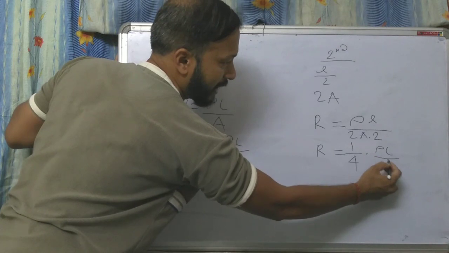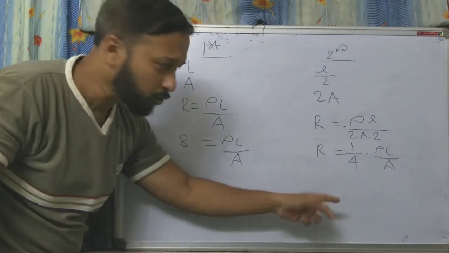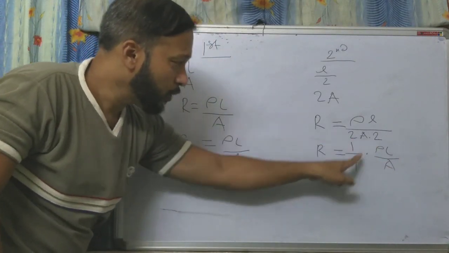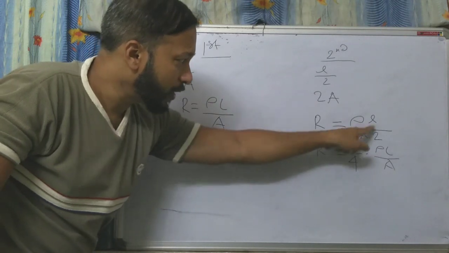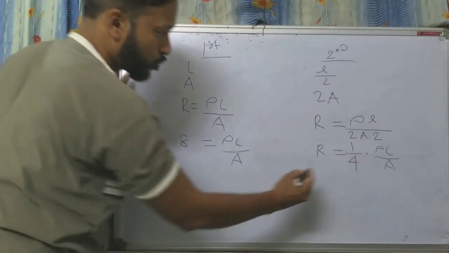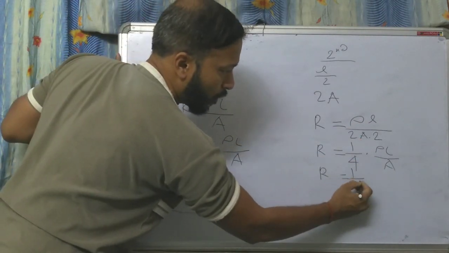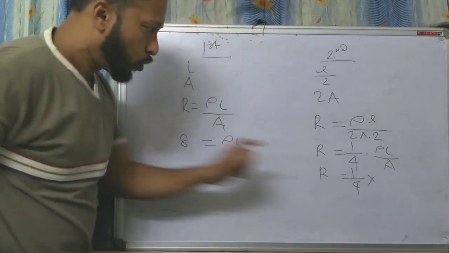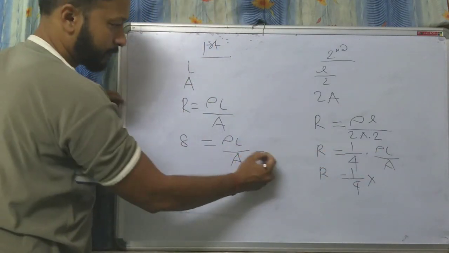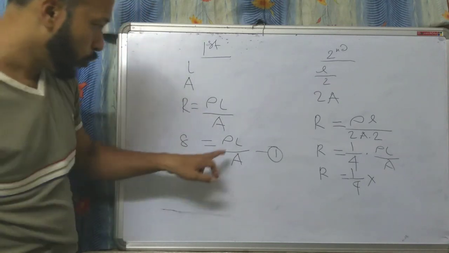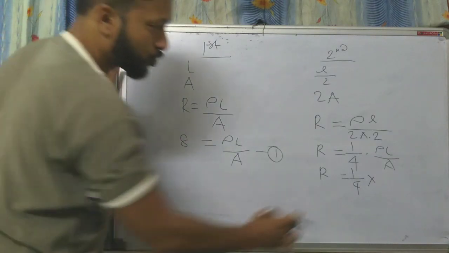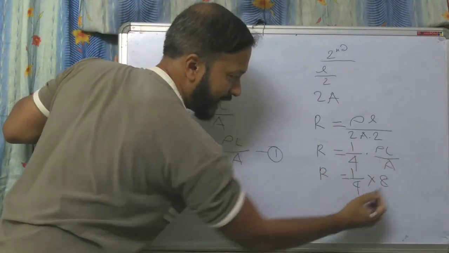Rho L by A. Understood this simple calculation? So R equal to 1 by 4 into rho L by A, which is equation 1. Rho L by A means 8, so instead of rho L by A, write 8.